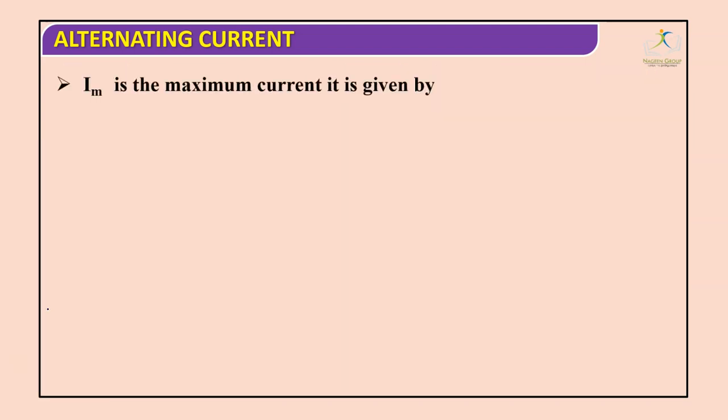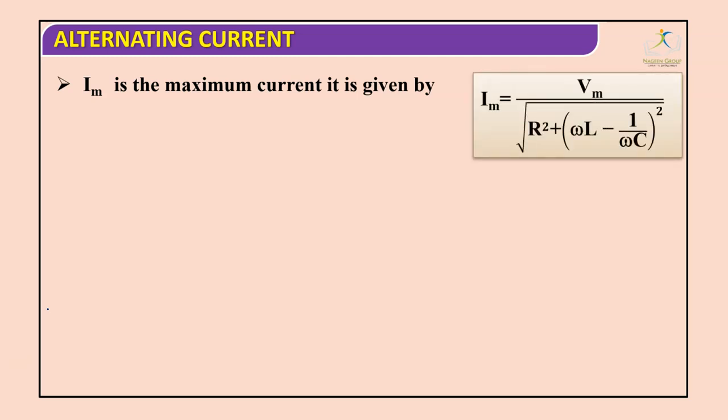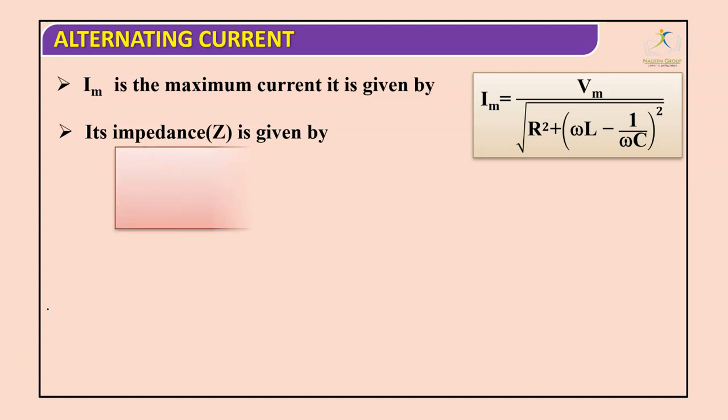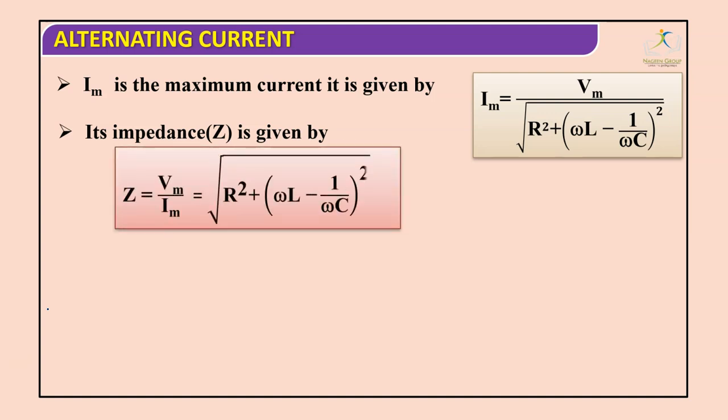If Im is the maximum current, then Im = Vm/√(R² + (ωL − 1/ωC)²). Its impedance Z is given by Z = Vm/Im, where the value of Z is √(R² + (ωL − 1/ωC)²).